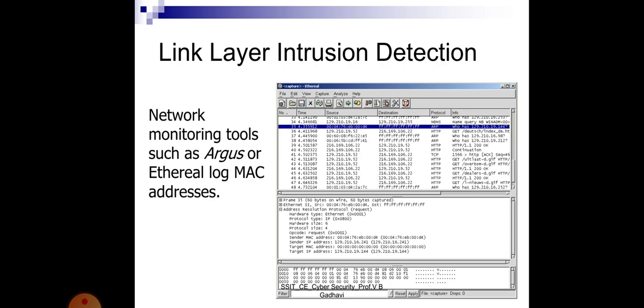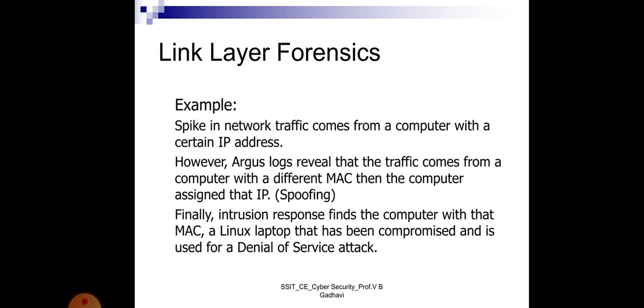It is also used as a network monitoring tool, such as Argus or Ethernet log MAC address. Link layer forensics. Here you see an example: a spike in network traffic comes from a computer with a certain IP address.